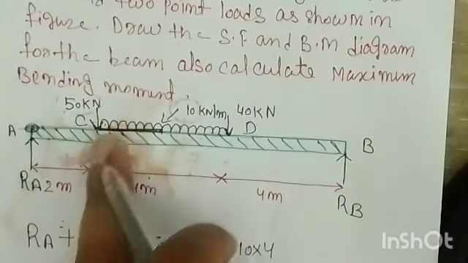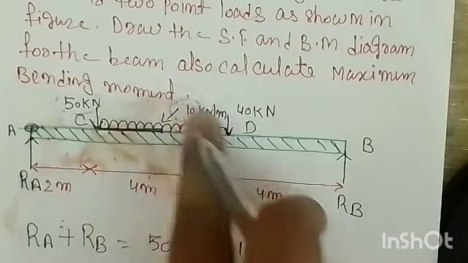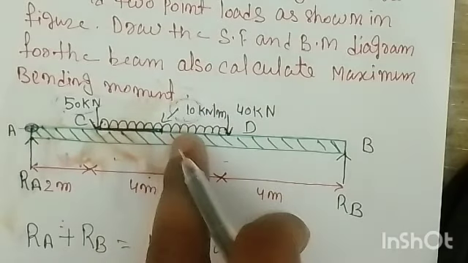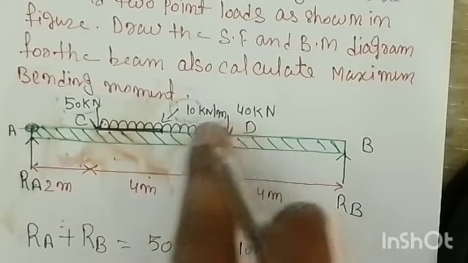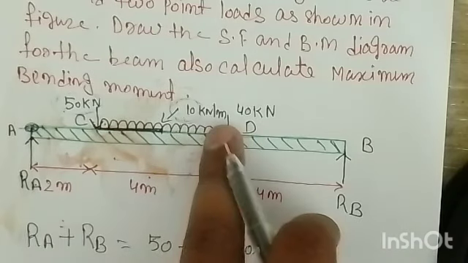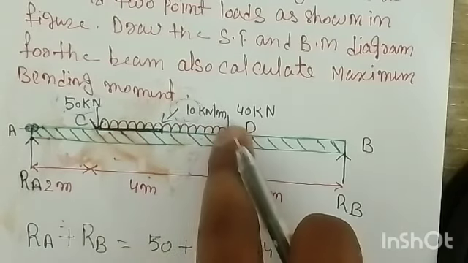After C till D you have a UDL, right? So now you need to find the shear force just LHS of D. LHS means you are including the UDL but not the point load.